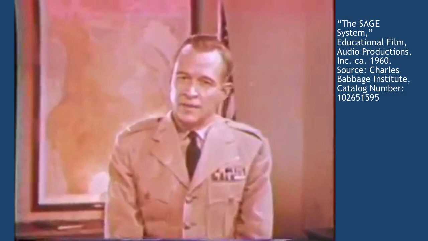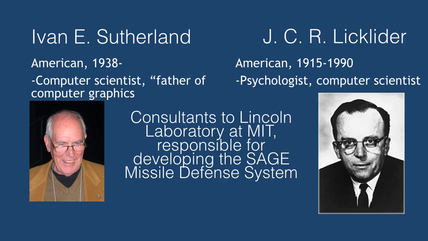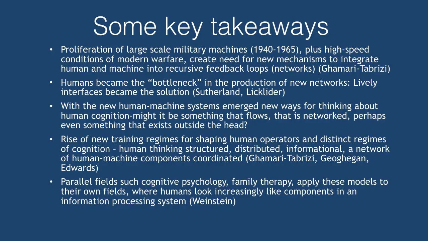So you need both a set of techniques for translating information from one format into another, from, say, visual to mathematical to audio and so on. And you also need, for example, the developments of a new kind of psychology, a new theory of what is human activity, human agency, human thought, such that it can exist inside these distributed networks. And that's what brings us, just to step back a minute, to Sutherland and Licklider.